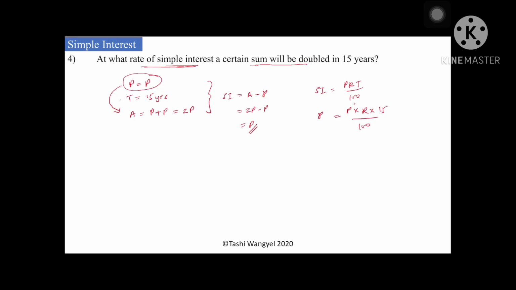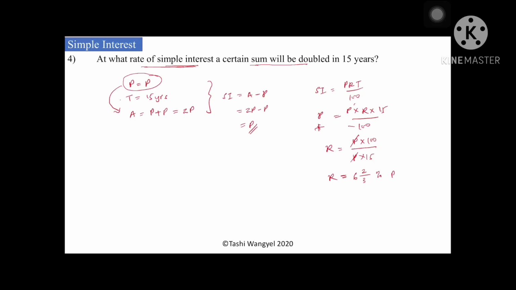So rate is P into 100 divided by P into 15. P cancels, so the rate is 100 by 15.